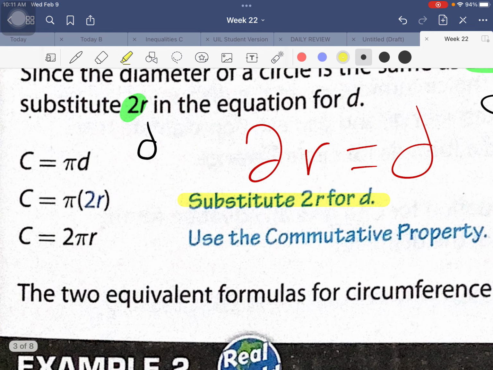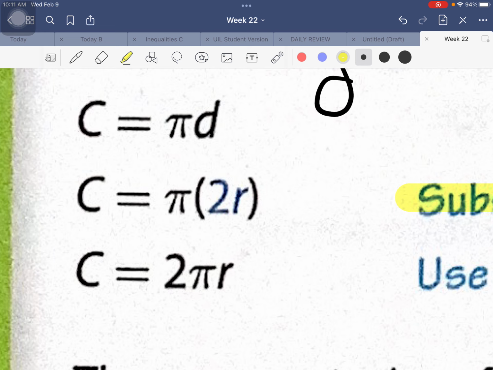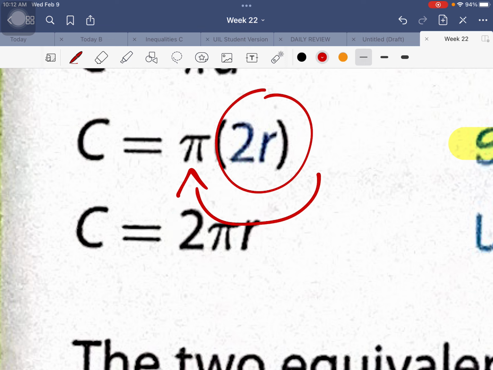Use the commutative property. You can do it however you want. You can do 2r and then multiply by pi, or first multiply the 2 with the pi. And I guarantee you guys, if you do this first, it's easier than doing this and then multiplying by 3.14.